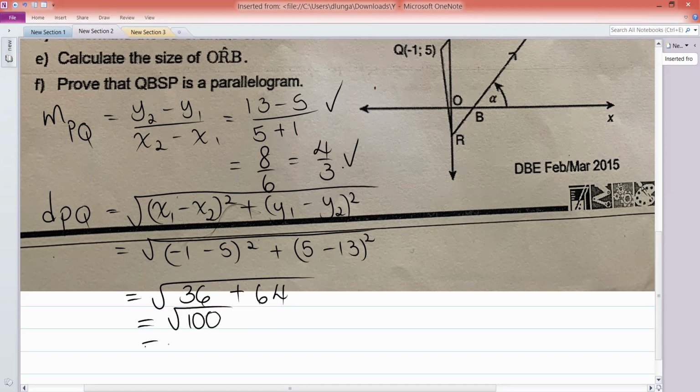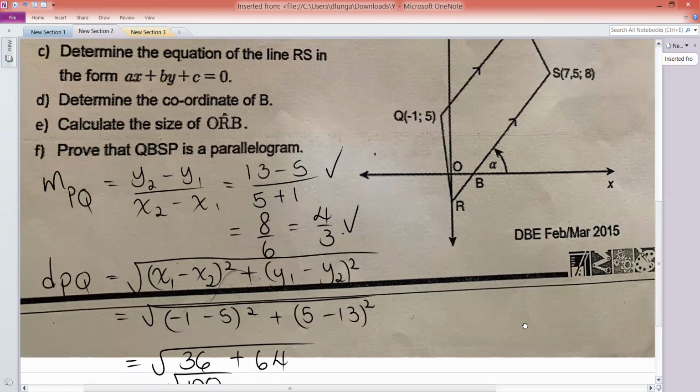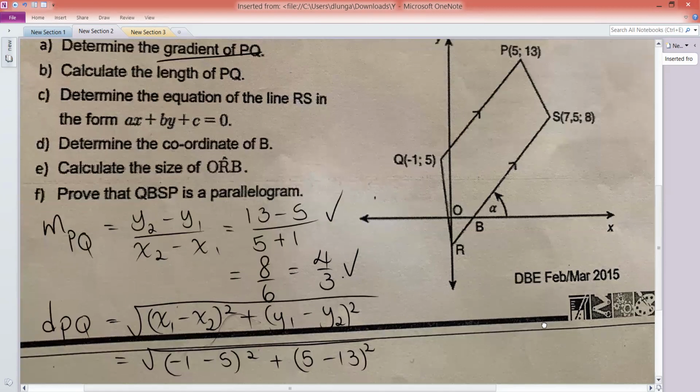And we all know the square root of 100 is 10. Then determine the equation of the line RS, in the form ax plus by plus c.